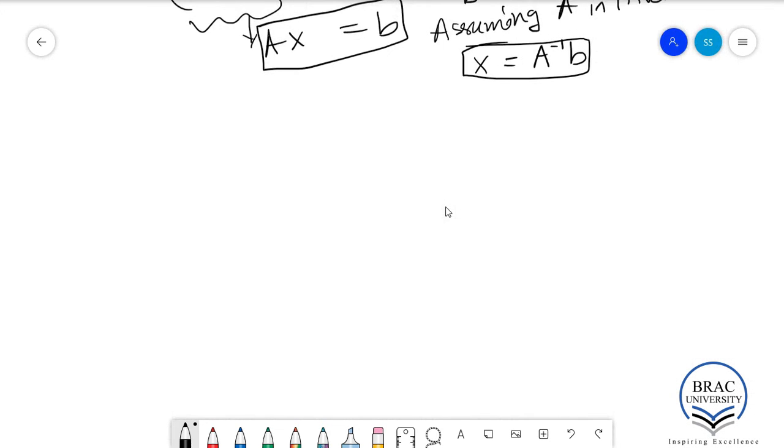Now we wrote a 2 cross 2 system. What if we had n variables and n equations?